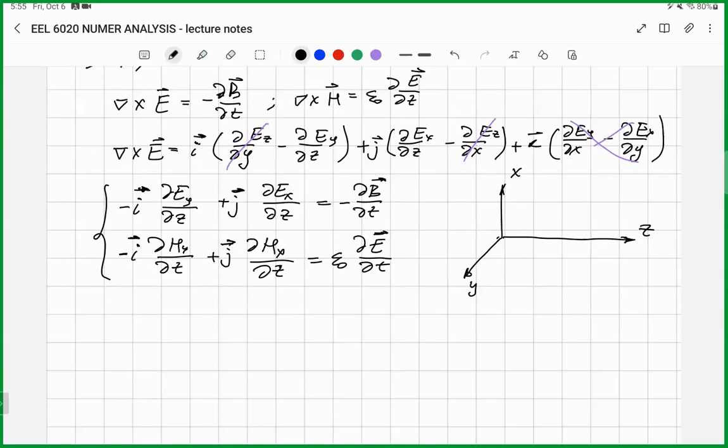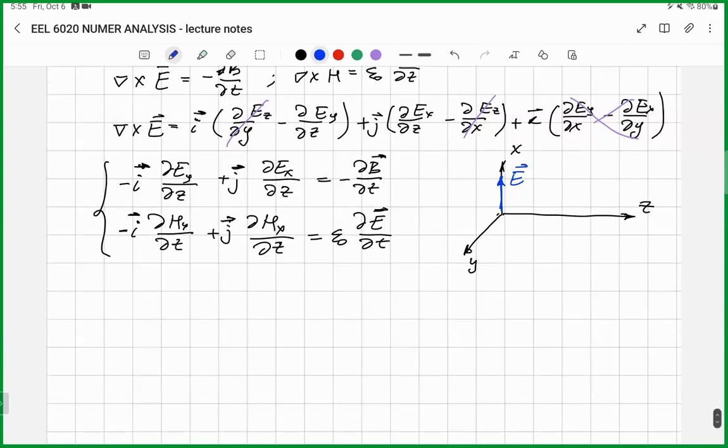The field propagates along z, and the electric field is polarized along x. So this is my E here. The electric field has only the component Ex, 0, 0. So the field is polarized along x, but this Ex component is a function of z.